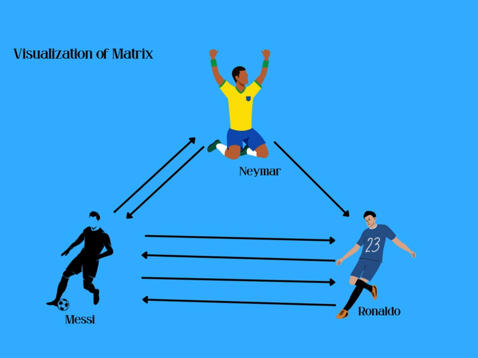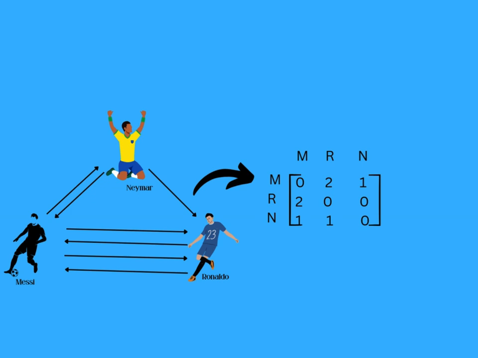So here is a matrix. We can create this matrix from the story we have already talked about, the visualization we made in our previous slide. Neymar cannot pass the ball to Neymar himself, so it's unlikely to happen.